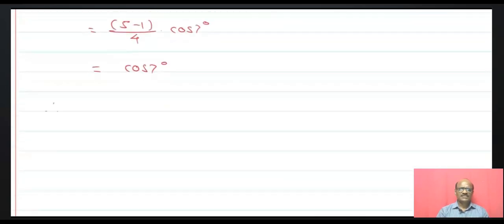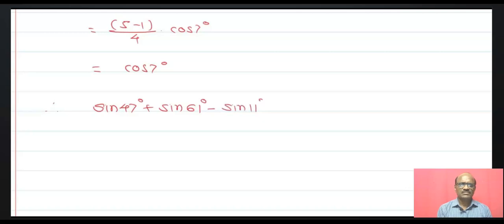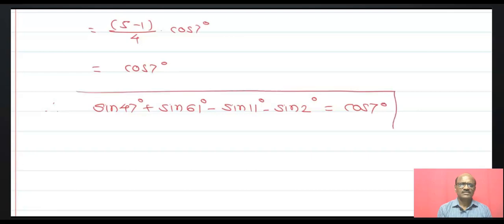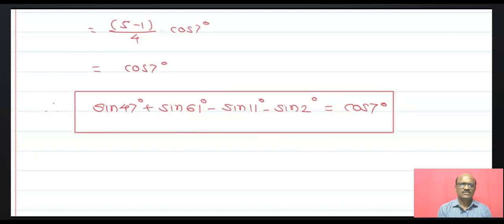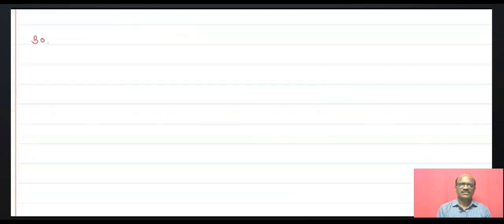And hence the result, this is our RHS, and hence LHS is equal to RHS. Therefore the result is proved.